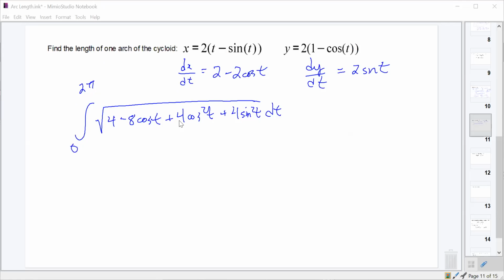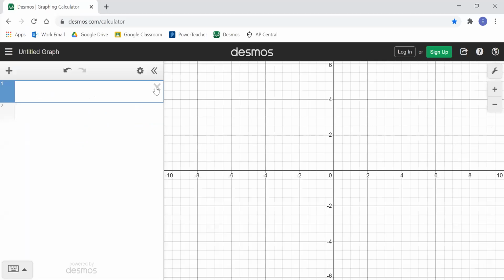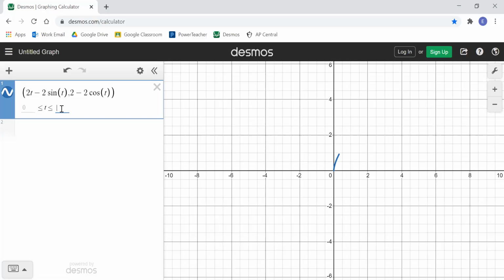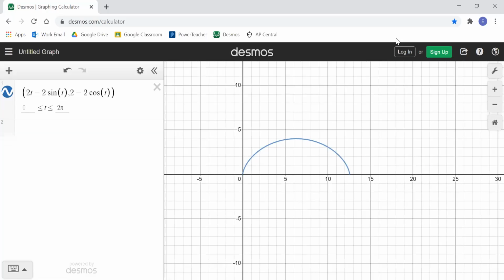And if we were to graph this, just so you guys can take a look and see what it looks like, we've got 2t minus 2 sine t, and we've got 2 minus 2 cosine t. And if we go from 0 to 2 pi, it just looks like this little arch thing here.